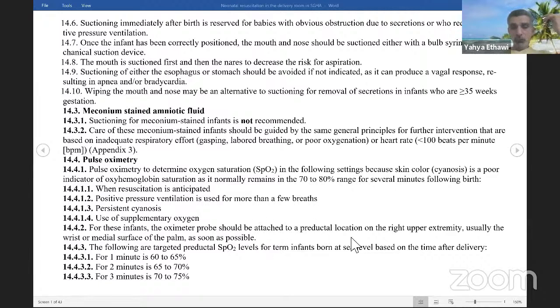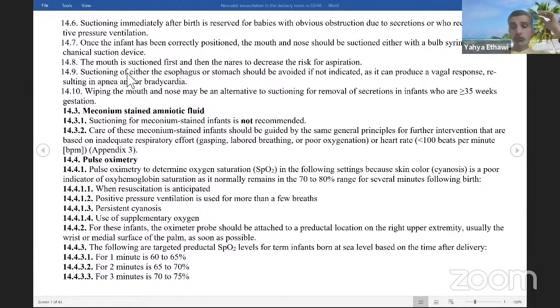The best is, of course, to place it on the right upper extremity, but if not, put it anywhere else, but consider this is post-ductal. Always remember to look at the target. These are the target saturations depending on the time, and we have it in the protocol. I think we have it hanging on the wall in the resuscitation room. And these are the remaining targets until the baby reaches 10 minutes.